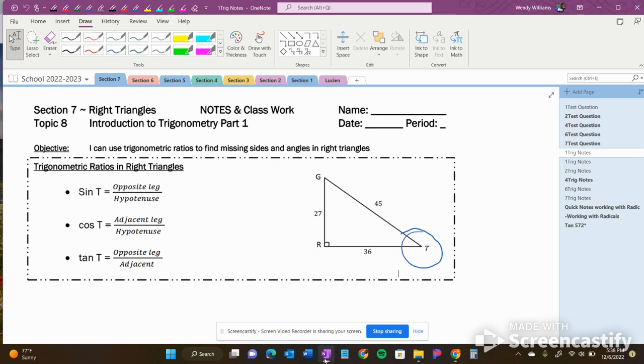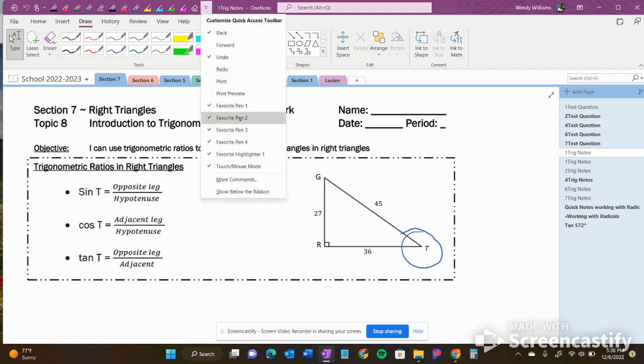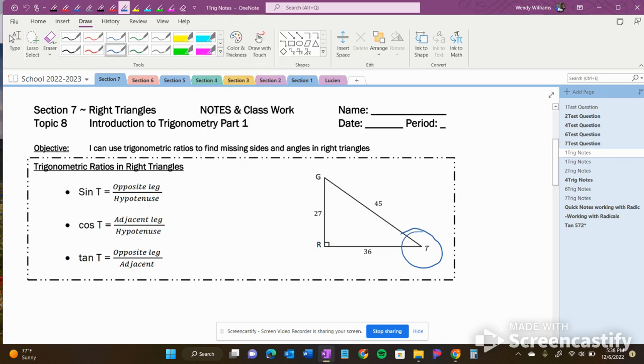Okay, so let's go back and remember that when we do Trig, it's just about relationships. A relationship between the angle and the sides. Sine is all about the opposite and the hypotenuse.